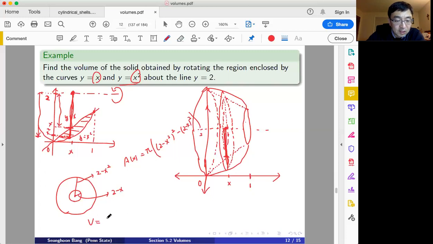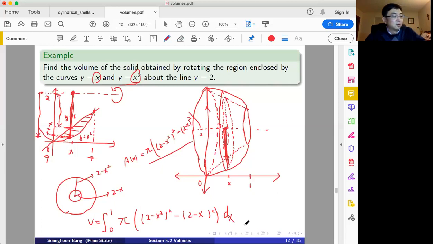The volume is the integral from a to b, where a is 0 and b is 1, of A(x) dx. What's A(x)? Pi times outer radius squared, (2 minus x squared) squared, minus (2 minus x) squared, dx. So we have it, right? This is the whole idea.